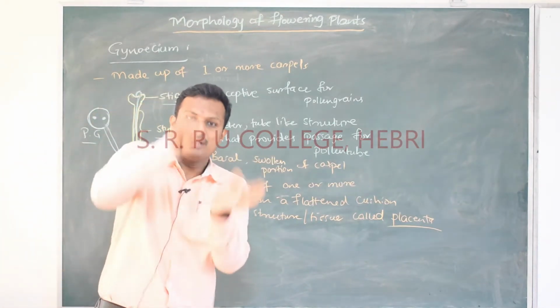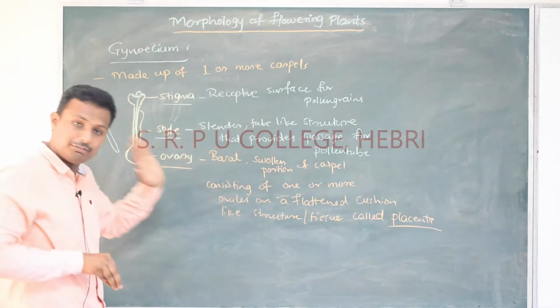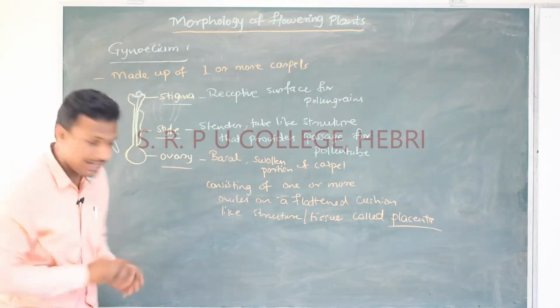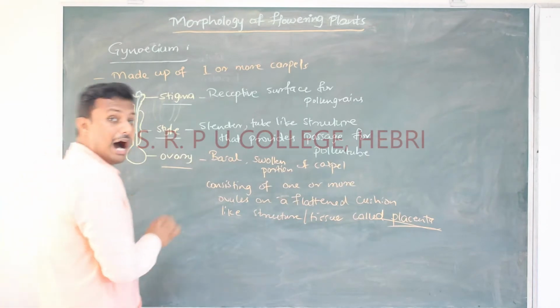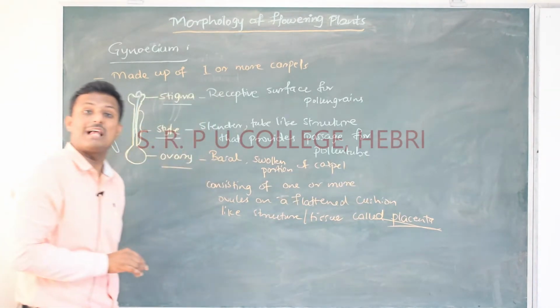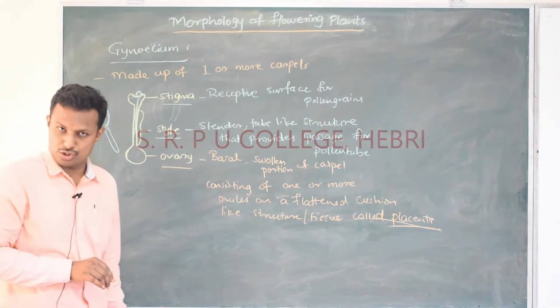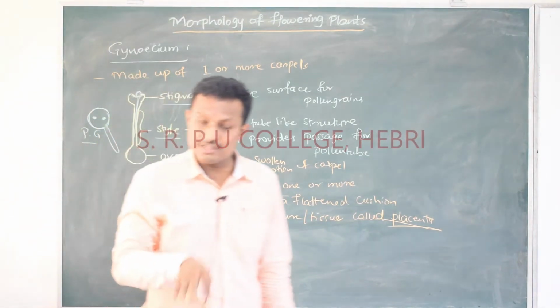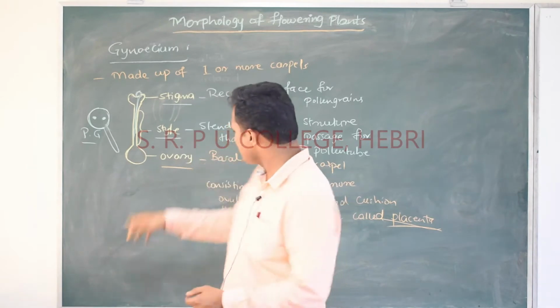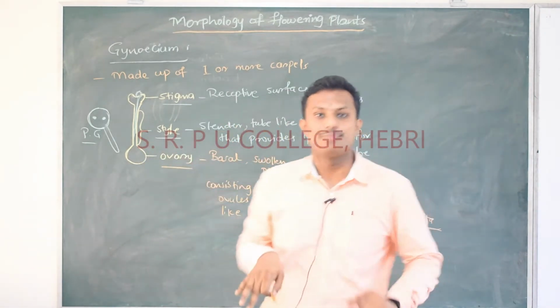That tissue is called placenta. So the arrangement of the ovules on the placenta is also called placentation. The pattern of arrangement of the ovules on the placenta, that is within the ovary, is called placentation.